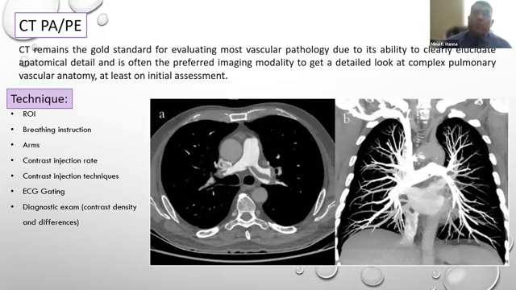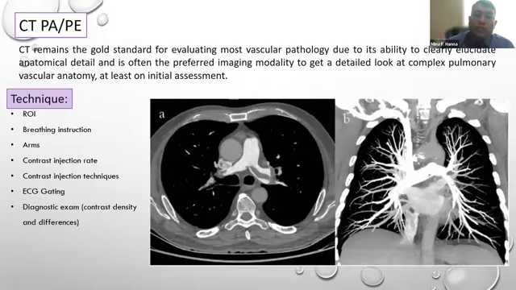Why are we putting this number? Because if we are looking for chronic PE, low contrast density will let us miss the chronic PE. So we need a high level of contrast to be able to have contrast between either acute or chronic pulmonary embolism and the contrast within the vessel.